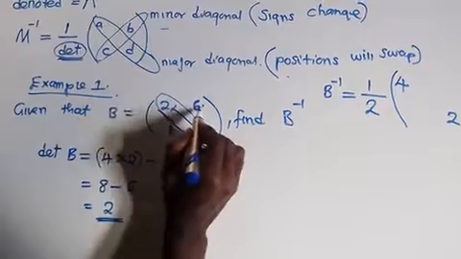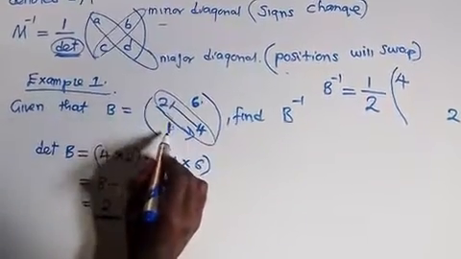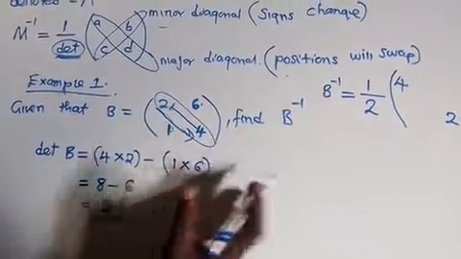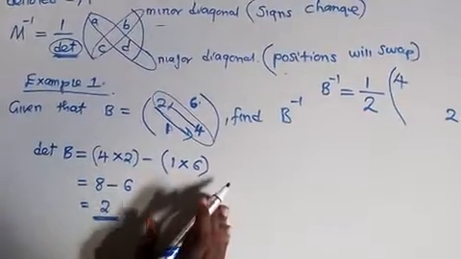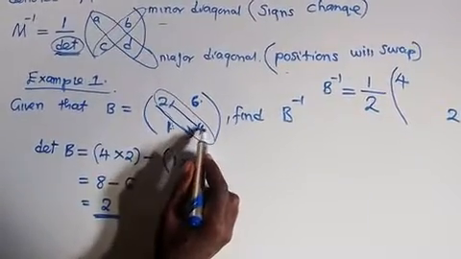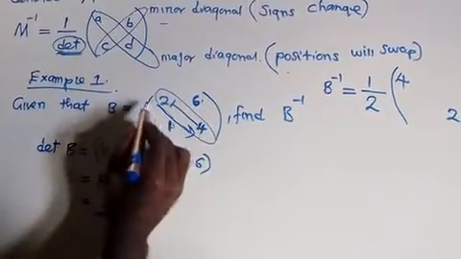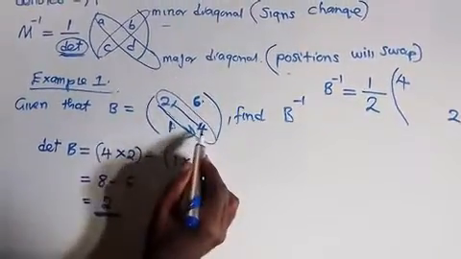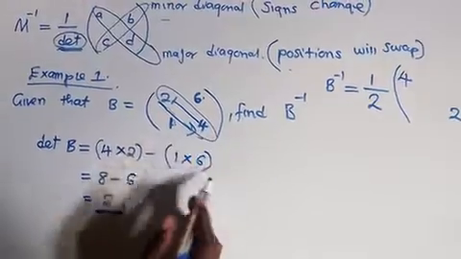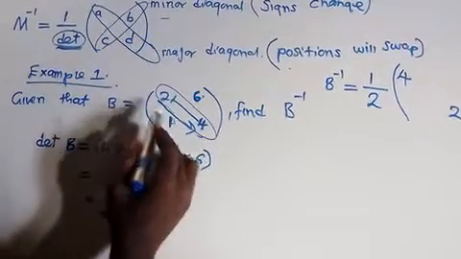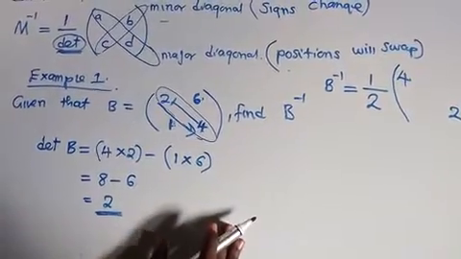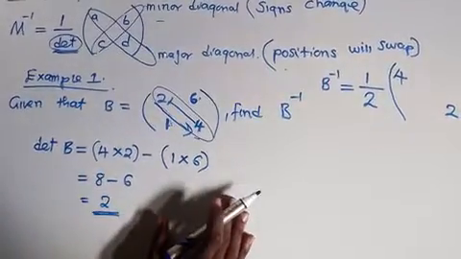If it is a negative, it will be a positive. If it is a positive, it will be a negative. But in the major diagonal, just positions swap. If it is 4, it will go on top. Any number here, these two, are going to swap. This will go there, this will go there. This is what you need to understand.